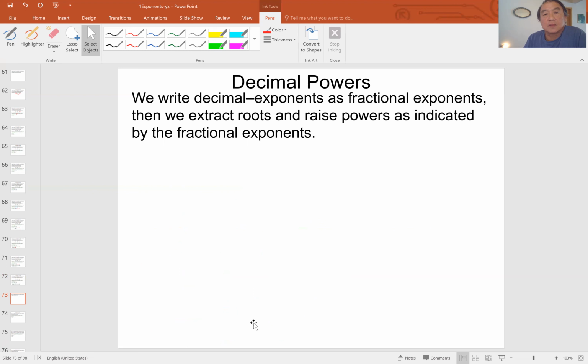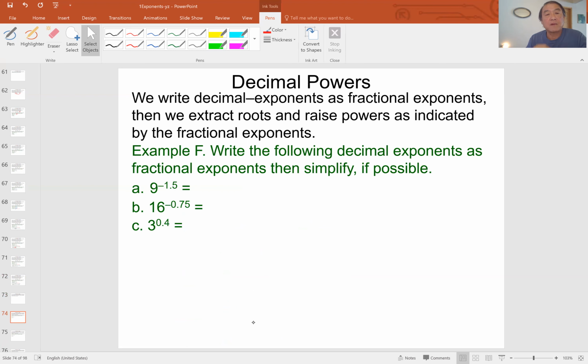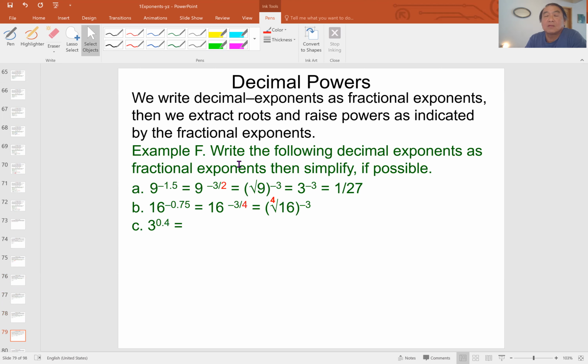How about decimal exponents, like the 0.1 power? Well, decimals are fractions, so we convert them into fractions first. Once it's a fraction, then it makes sense. Or this one, 1.5 is 3/2, and therefore this is the square root of 9. So we take the square root of 9 raised to -3, and that's 1/27. 0.75 is 3/4, so that's the 4th root of 16, then raised to -3.